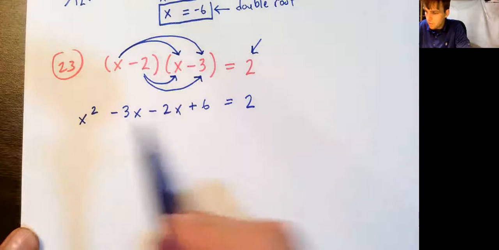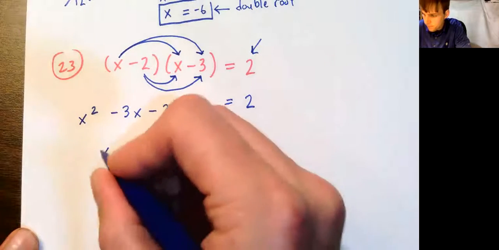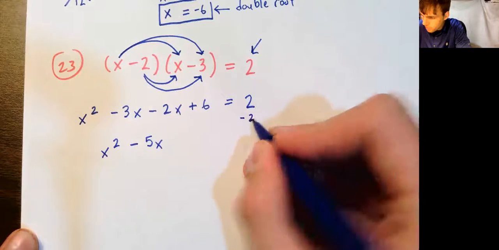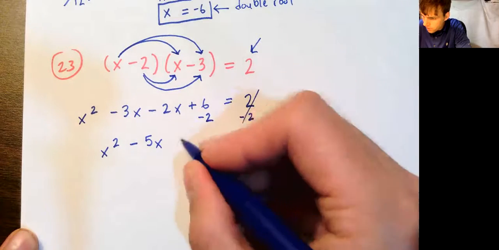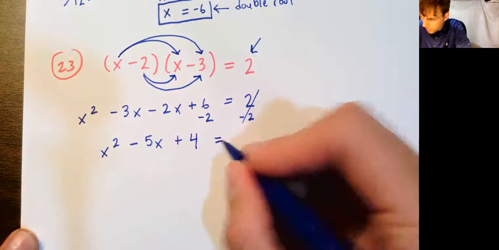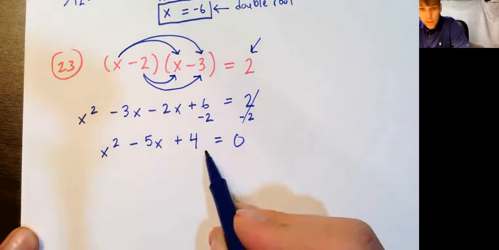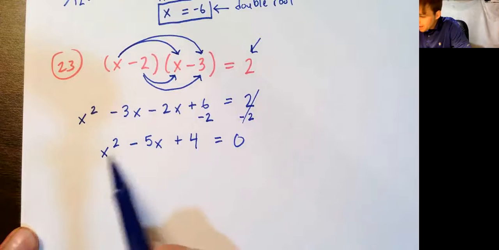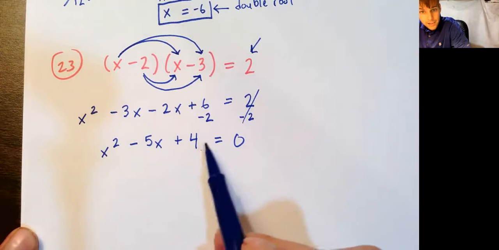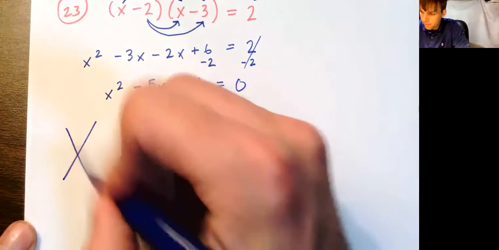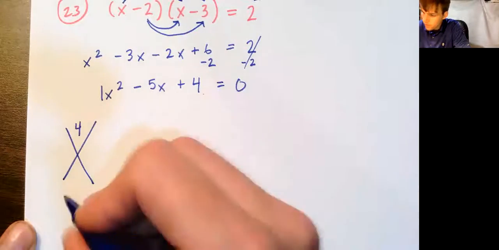Okay, combine like terms here. And I'll go ahead and subtract this 2 here just to save 1 extra step, so plus 4. All right, now again, this is a trinomial. There's 3 terms. Not all terms have an x. This one doesn't have an x, so I'm going straight into factoring. 1 times 4, negative 5.